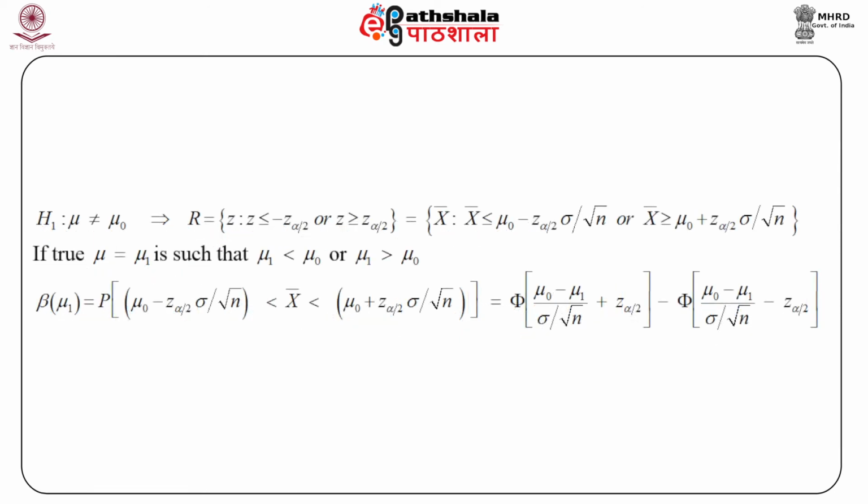And in our third alternative, where H1 is mu not equal to mu 0, we find that beta of mu 1 comes out to be equal to phi of mu 0 minus mu 1 upon sigma by root n plus z alpha by 2, minus phi of mu 0 minus mu 1 upon sigma by root n minus z alpha by 2. So we have z alpha by 2 as a positive number, and then in the second expression we have minus z alpha by 2.